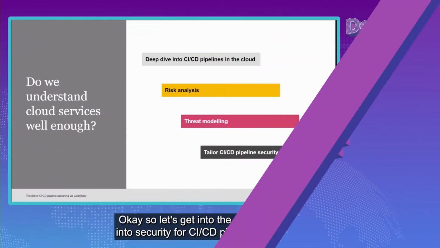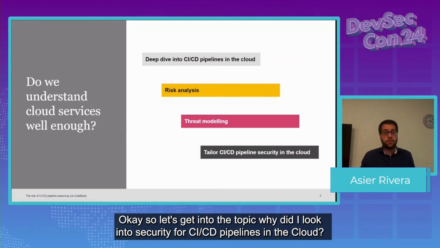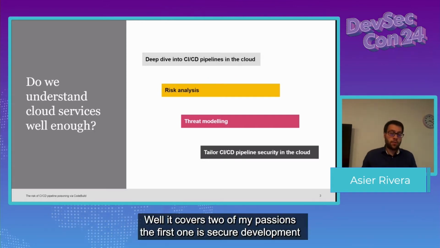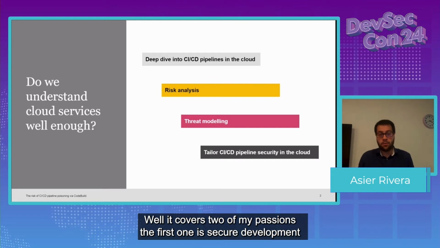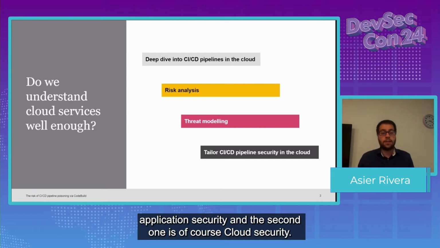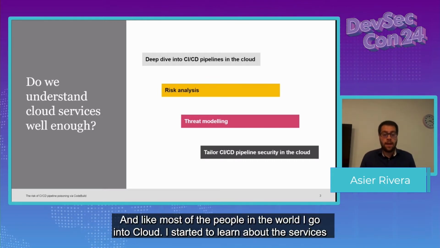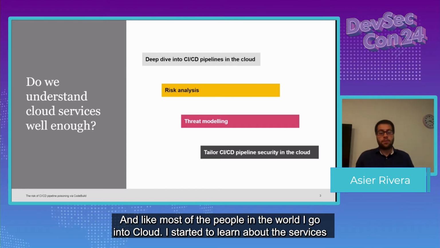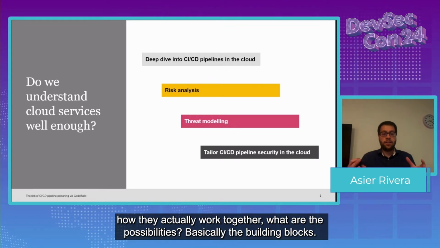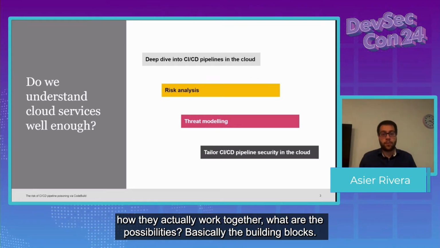Okay, so let's get into the topic. Why did I look into security for CI/CD pipelines in the cloud? Well, it covers two of my passions. The first one is secure development, application security, and the second one is, of course, cloud security. And like most of the people in the world, I got into cloud. I started to learn about the services, how they actually work together, what are the possibilities, basically the building blocks.